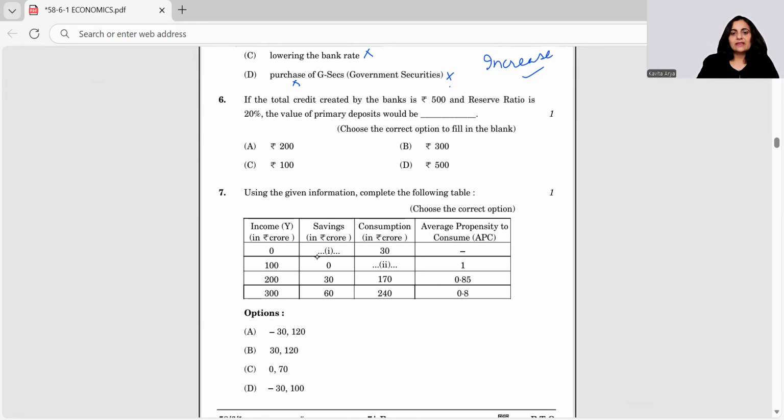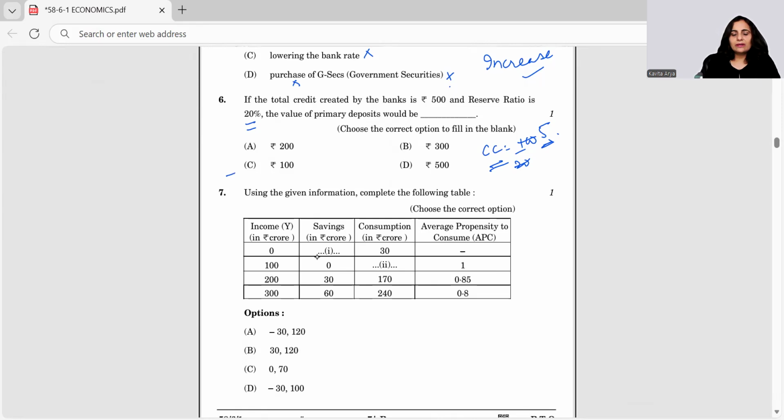Sixth question says that if total credit created by the banks is 500 and reserve ratio is 20%, the primary deposits would be. So we know the credit creation multiplier is the reverse of the reserve ratio. So it's 100 by 20, that's equal to 5 times. So credit created is 5 times, right?